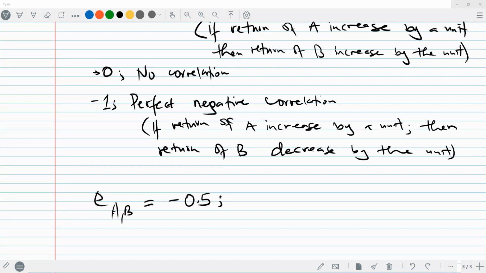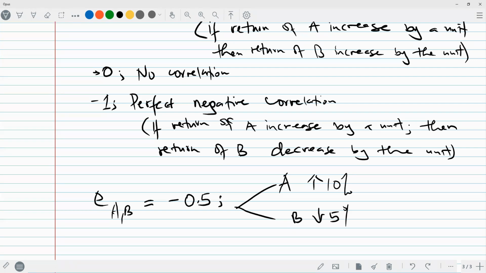I would say it means a one unit increase in A results in a 0.5 decrease in B. So to put a figure, if A increased by 10%, B decreases by 5%. Yes, don't forget this 0.5, it's half, so 5%.